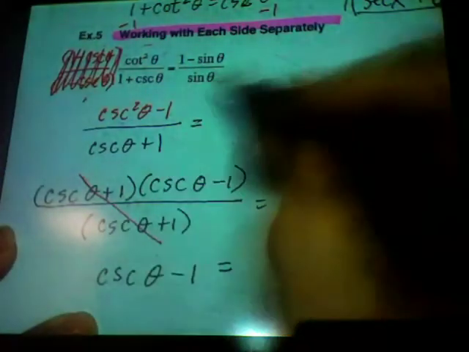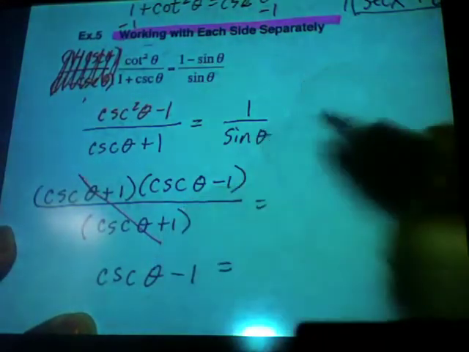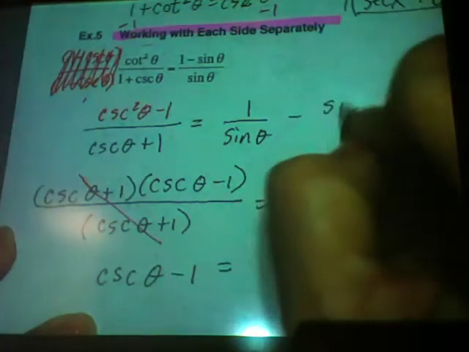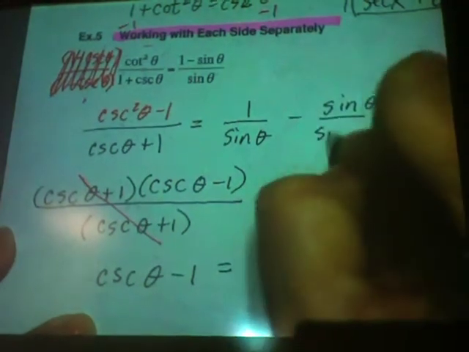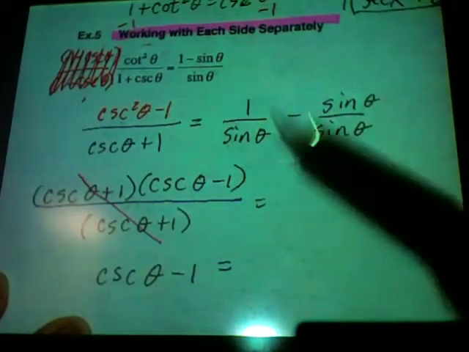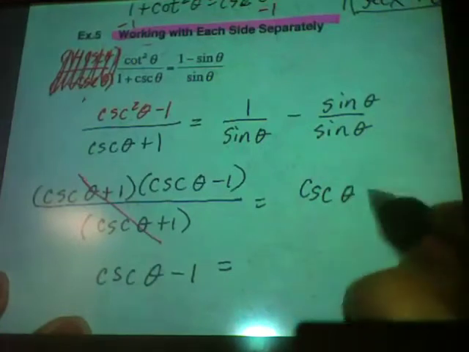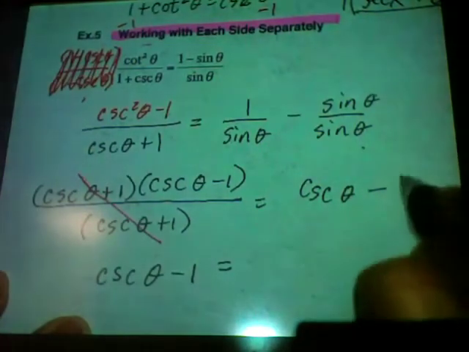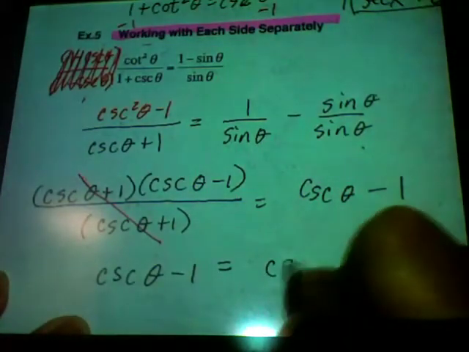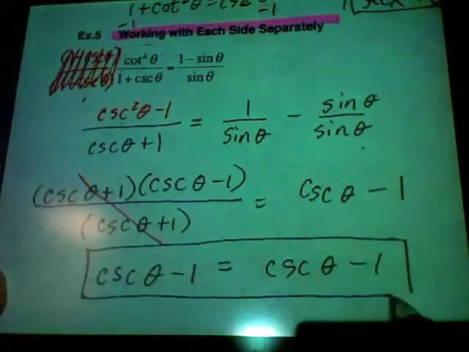So separate this into two fractions because that's one of your tools in your toolbox, so to speak, right? Minus sine of theta over sine of theta. What's 1 over sine of theta? Cosecant of theta minus what's sine over sine? 1. Didn't we do it? Yeah. So rewrite it again. Done.